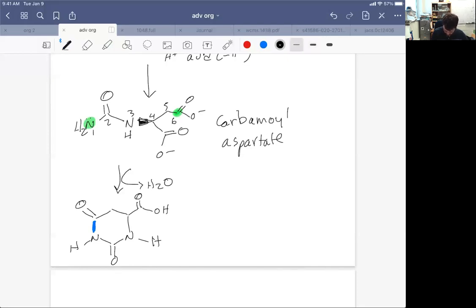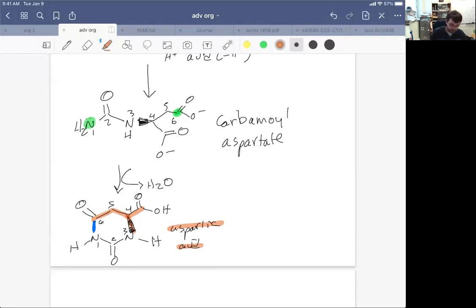So if I number these again, I would have 4 at the alpha position, 5, 6, 3, 2, 1. So now this is written where we have our aspartate, our aspartic acid core here. And so that's a really cool coupling event, because what we have here is an amide nitrogen as opposed to an amine nitrogen adding to a carboxylate.